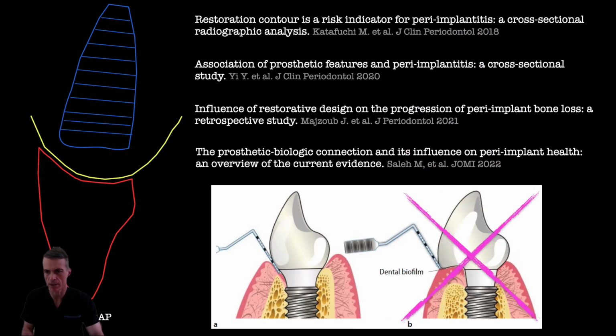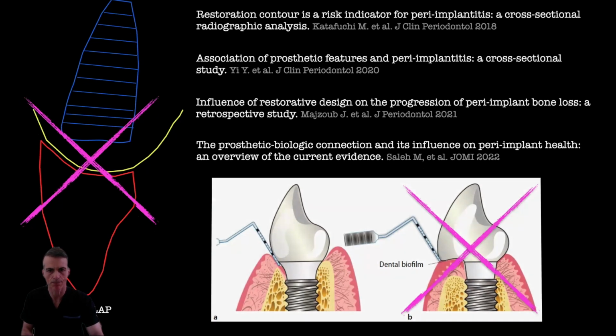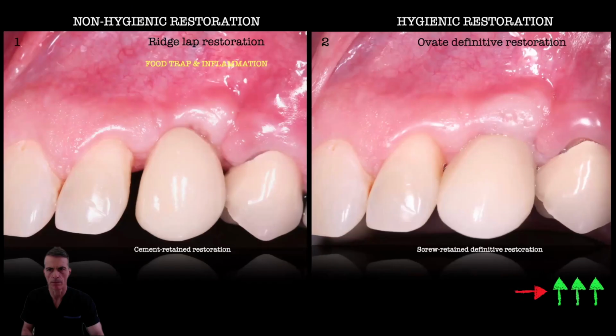So definitely, this is a restoration that should always be avoided on any implant, especially on anterior implants, because the tissues are more fragile. Pay attention to these pictures because you can see it more clearly in these ones. The picture on the left, number 1, presents the final restoration with the ridge lap.